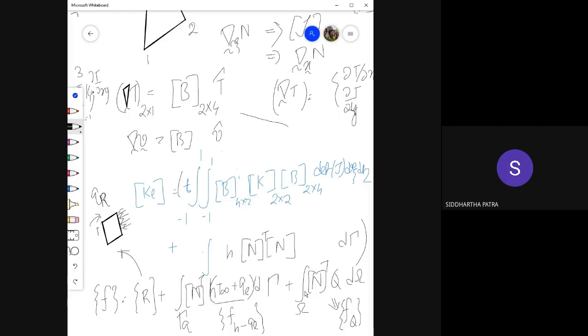So your second assignment is to do this exercise, to find out each of these terms. So symbolically get each of these terms in the thermal conduction for a square element of each side of length a. So that way you know the Jacobian itself is a by 2 times the identity matrix.